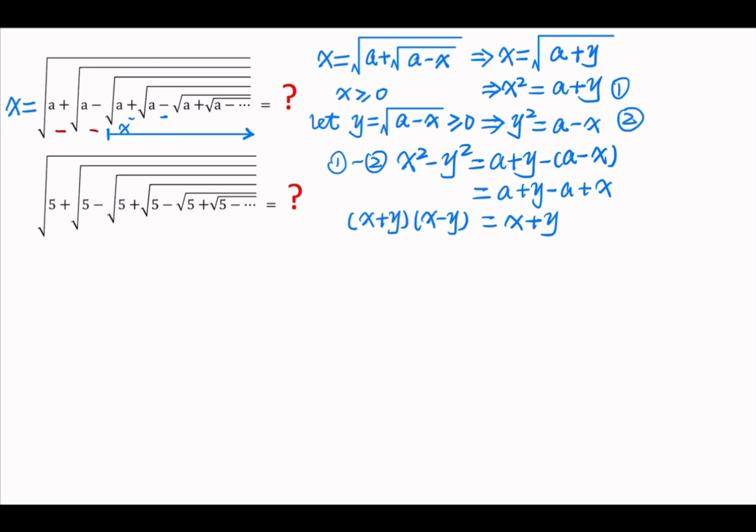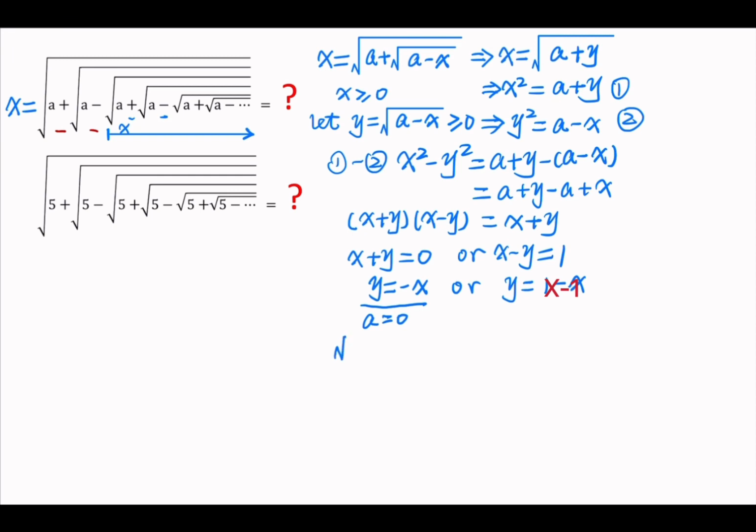So for this equation, there are two solutions. First is x plus y equals 0, or x minus y equals 1. So y either equals negative x or y equals 1 minus x.